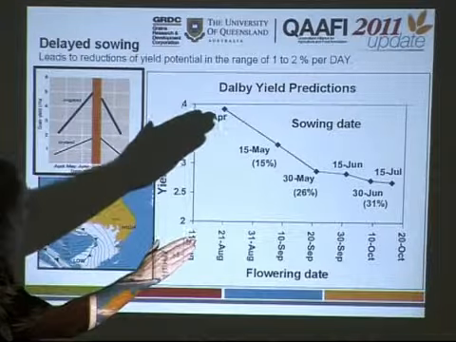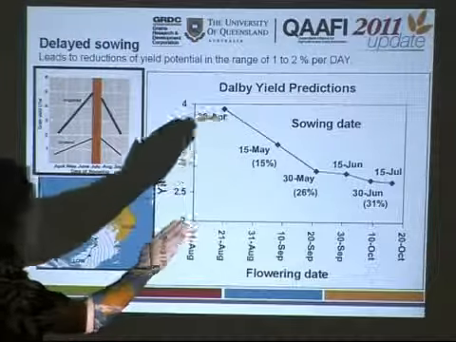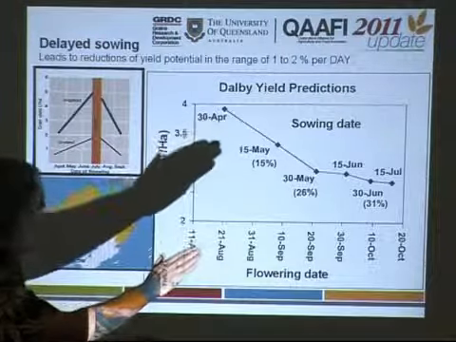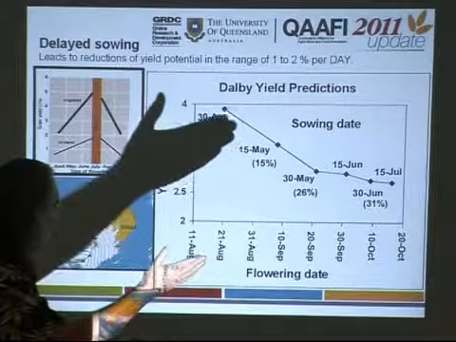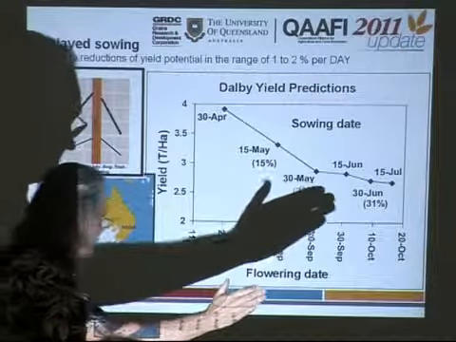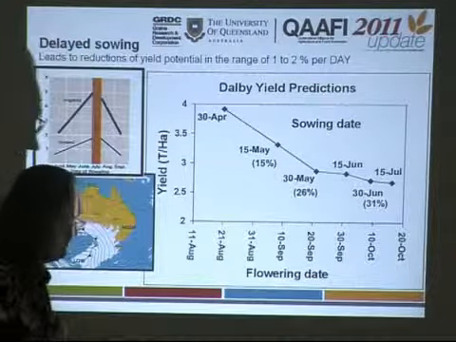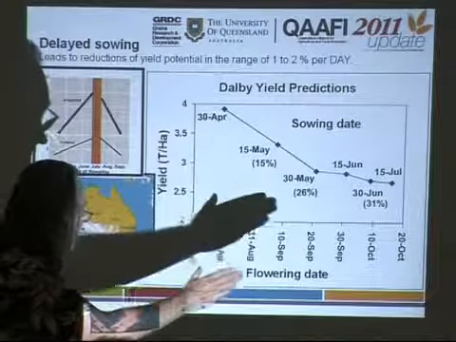If you plant in late April, flower in late August, you get close to 4 tonnes per hectare predicted on average, 100-year average rainfall, etc. If you plant at a more realistic time around the 30th of May or even the 15th of June, you're talking about a 26% loss from there, and as I say, that's not the peak. So 26% doesn't indicate the full extent of the yield potential that we lose every year.